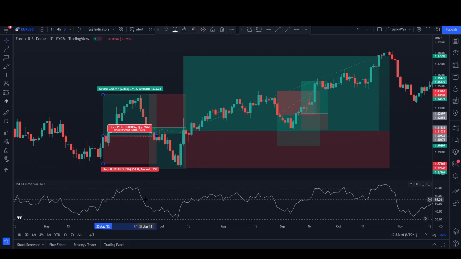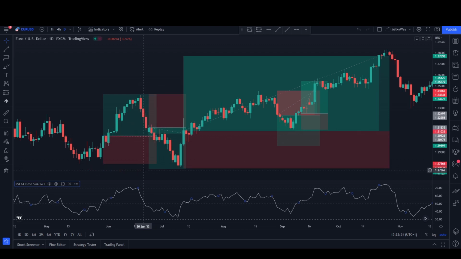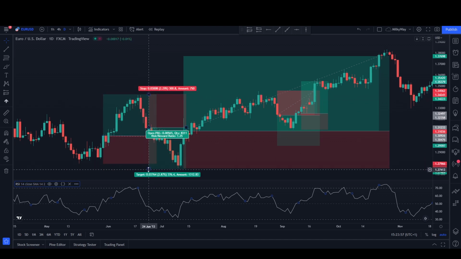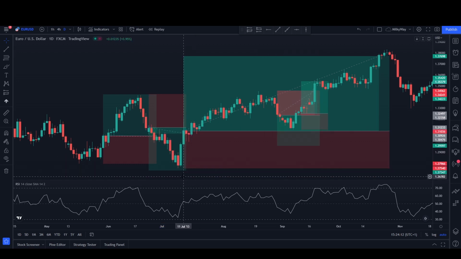Then the RSI becomes negative right here after this red candle. So we open a short position, we place a stop loss at the last swing. Same here, it reached an open profit above 1 to 1, so 1.21. We moved the stop loss to break even for a risk-free trade, and we get stopped out on this green candle.